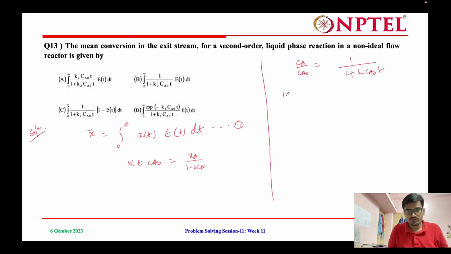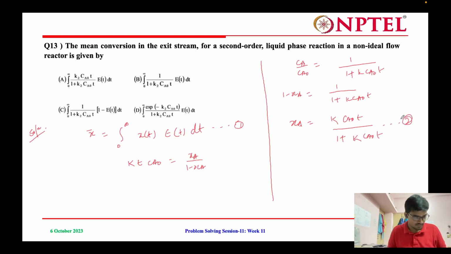We can write 1 minus Xa equal to 1 by 1 plus K Ca naught t, right? So Xa equals K Ca naught t divided by 1 plus K Ca naught t, equation 2.